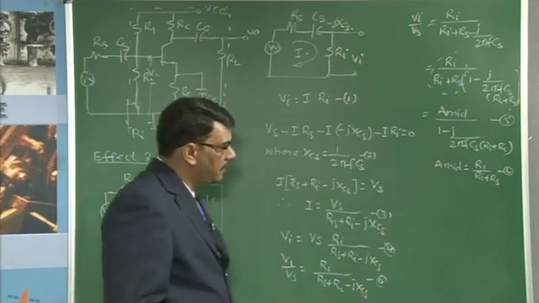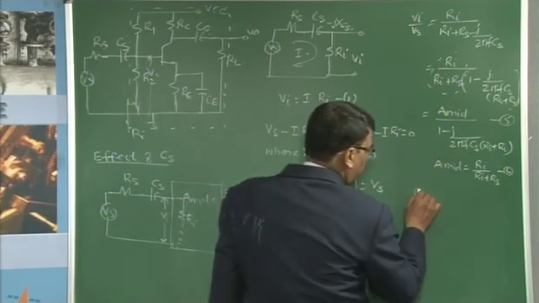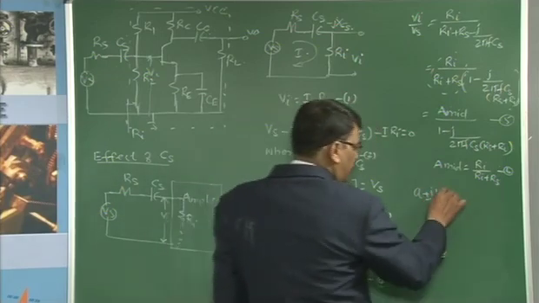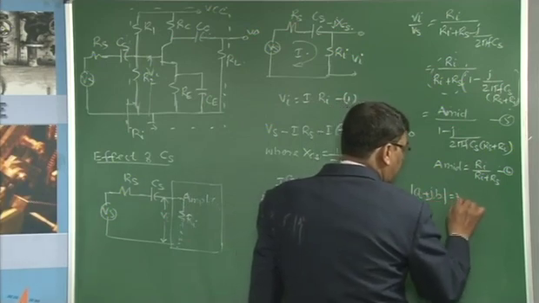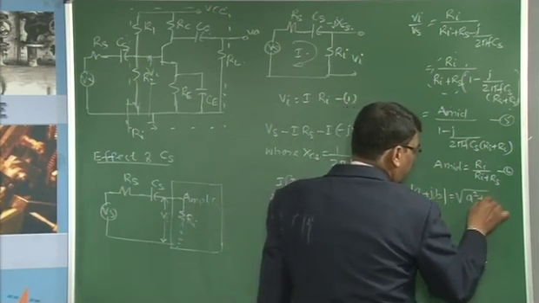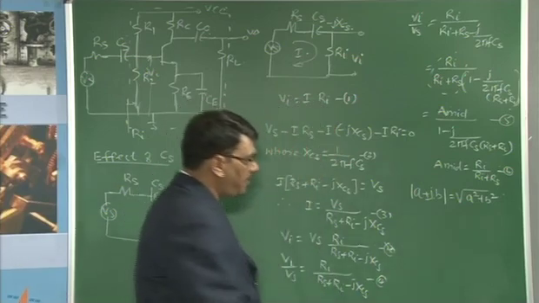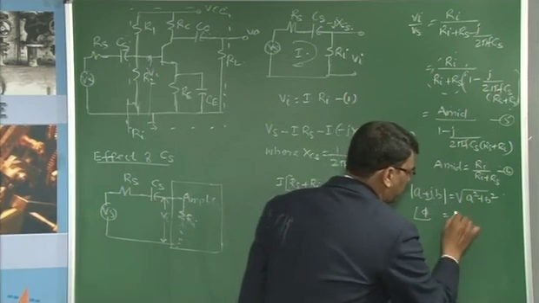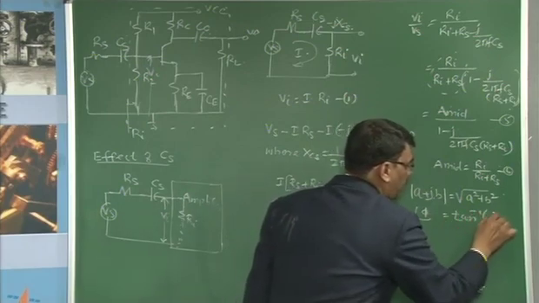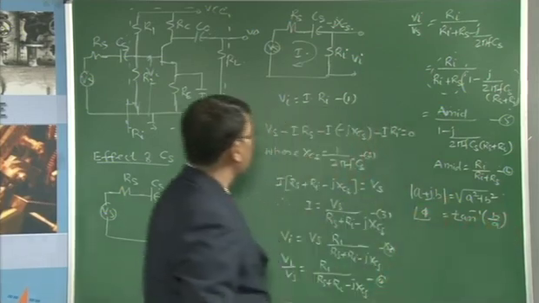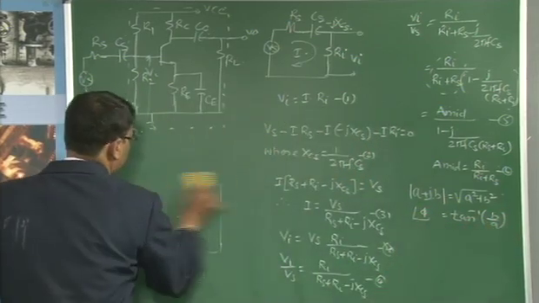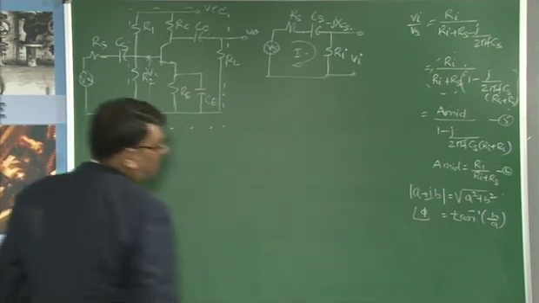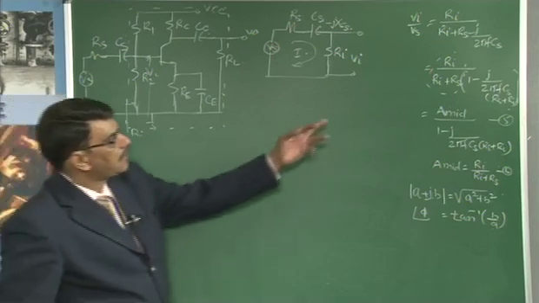We know already that if a number is of the form A plus or minus jB, then its magnitude is given by the square root of A square plus B square, and its phase is given by tan inverse of B by A. Using this relation, we need to find the magnitude and phase of the network.